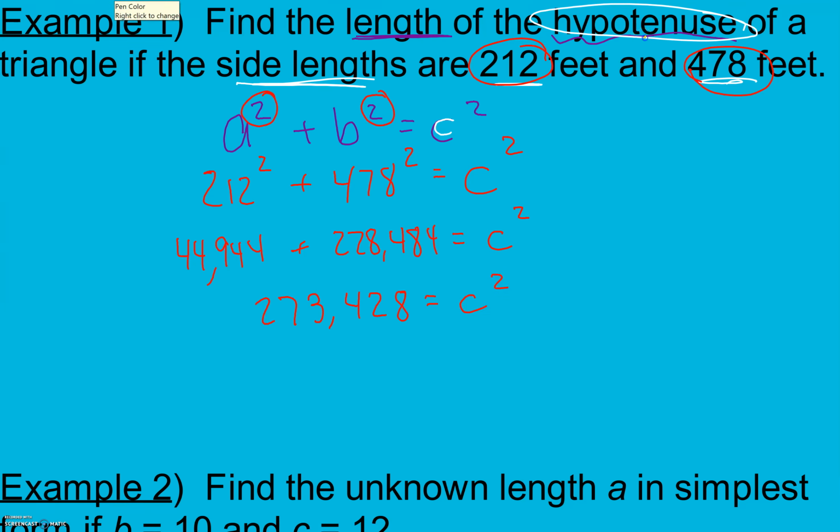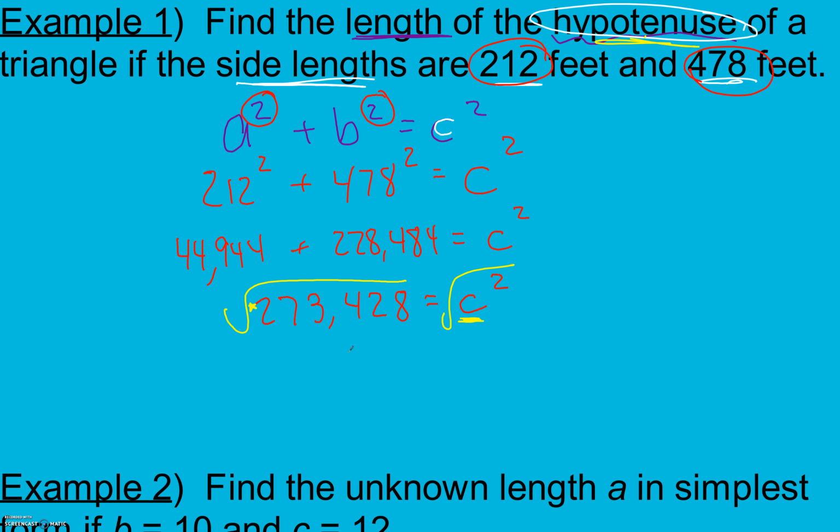But I'm not looking for the square of my hypotenuse. I'm looking for the hypotenuse itself. I'm looking for what number we had to square to get to here. So to get rid of our square, we take the square root of both sides. I'm looking for the square root of C squared, the square root of 273,428.